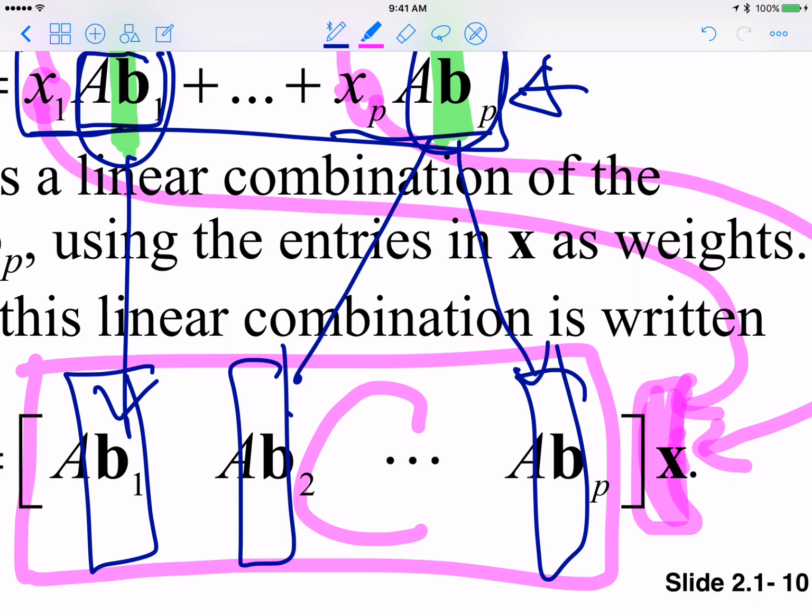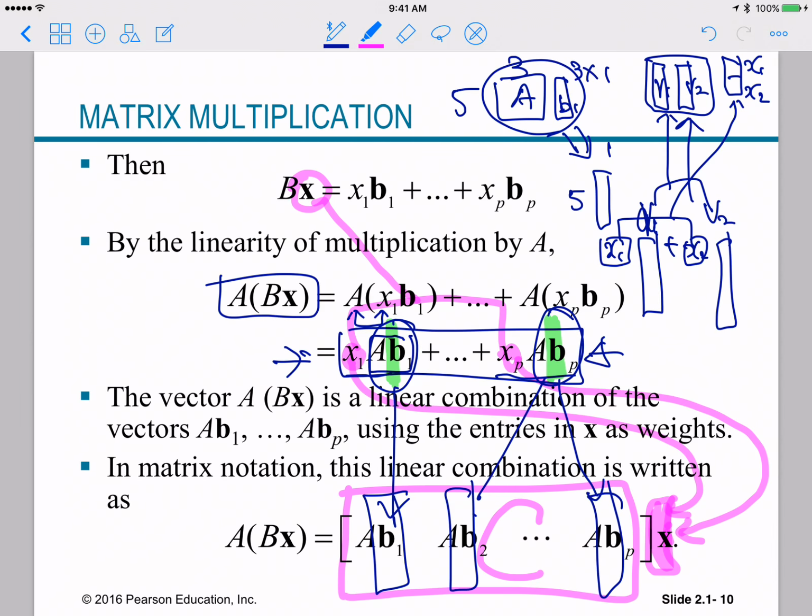And the columns in this single matrix C will have the form of A times B1 and A times B2 and so on.